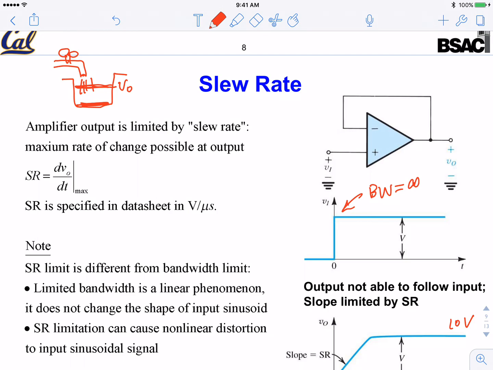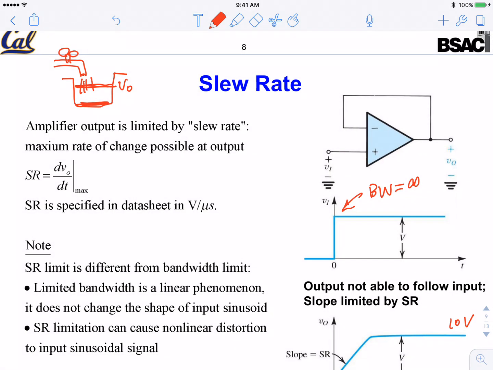If you go to the specification, you will see the slew rate typically specified in volts per microsecond. These are the typical numbers. Let's say your slew rate equals 1 volt per microsecond, from the spec. When you buy the op-amp, you will know what you are buying.